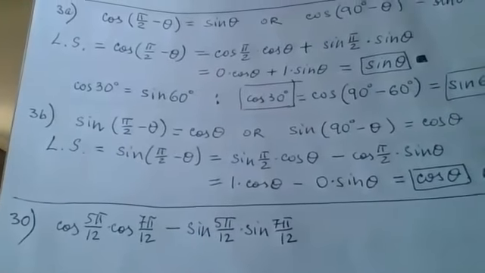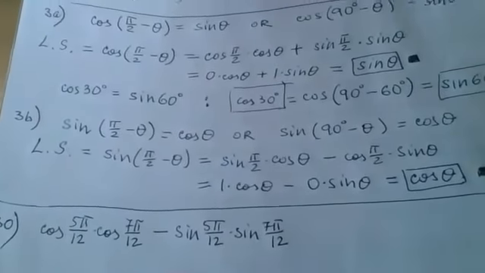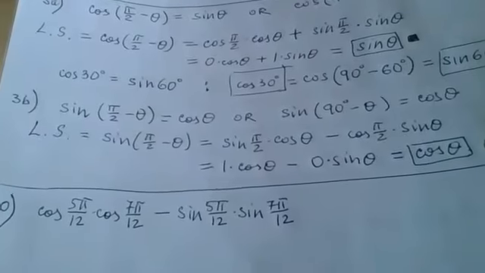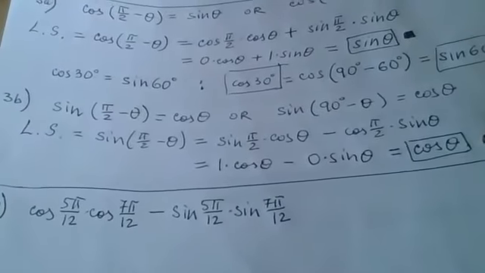Cosine 5 pi over 12 times cosine 7 pi over 12 minus sine of 5 pi over 12 times sine 7 pi over 12. What do we see here?